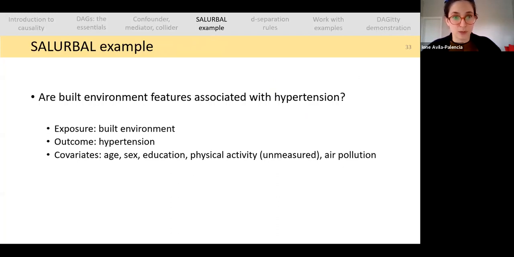I put exposure as built environment, which again is an oversimplification because we have many built environment variables in SALURBAL, but just to simplify. Outcome, hypertension, and then covariates: age, sex, education, physical activity as an unmeasured variable, and air pollution. And again, we could put way more covariates here, but let's start with something simpler.